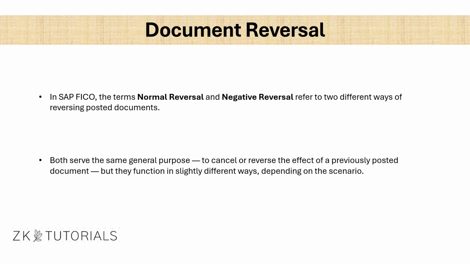As I have said, there are two scenarios. Let us understand for which scenario which reversal we need to use. And normal reversal: let us understand what it is, how it is done, and how the system gives the output in normal reversal.